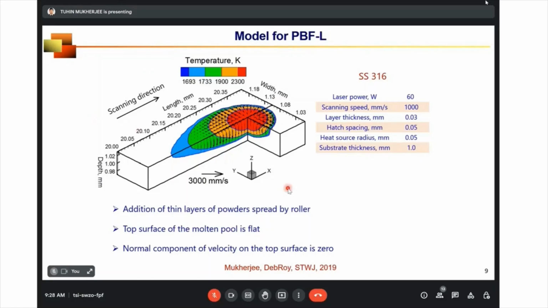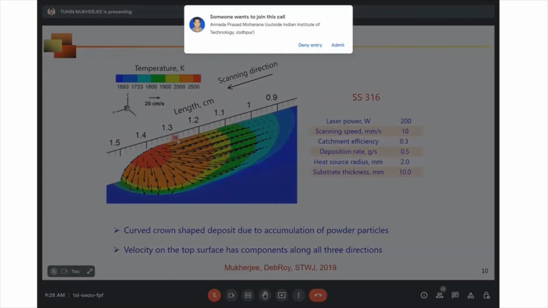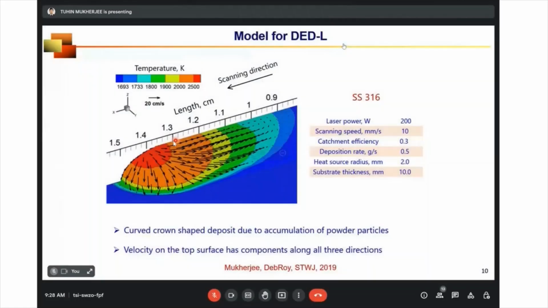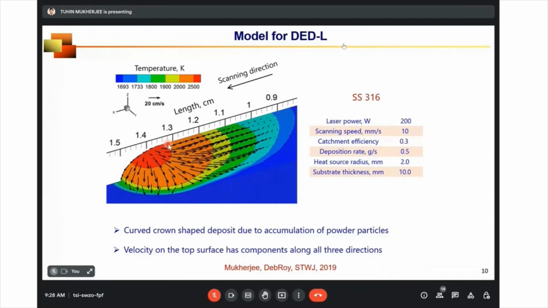But in contrast, if you go to DED, you can see the deposit is not flat on the top surface. Instead, it's curved. Why is that so? Because it is formed by accumulation of powders. And you can see the velocity field is also following the curved top surface of the deposit. On the top surface, the velocity has all three components, x, y, and z.